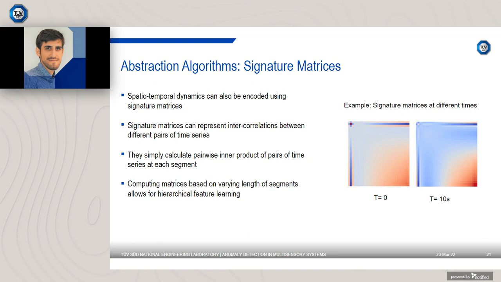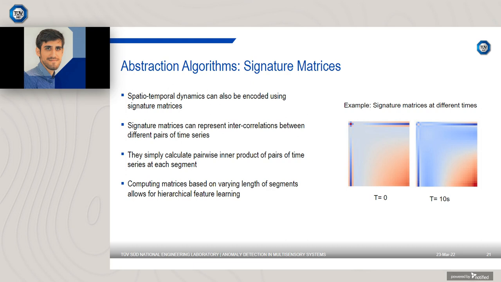We talked about signatures and their capability to capture dependency. One great example here is a signature matrix, which calculates the inner product of different pairs of time series. With the help of signature matrices, we can extract spatiotemporal dynamics from the system, from multivariate time series data.